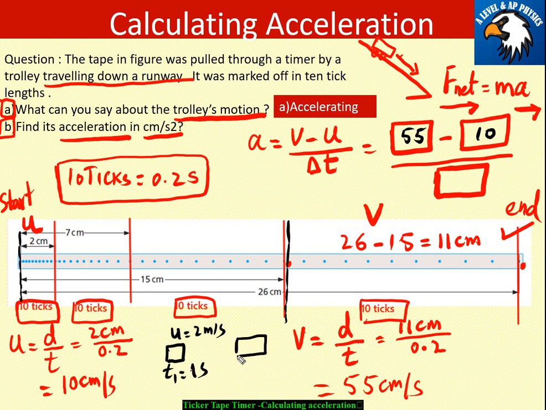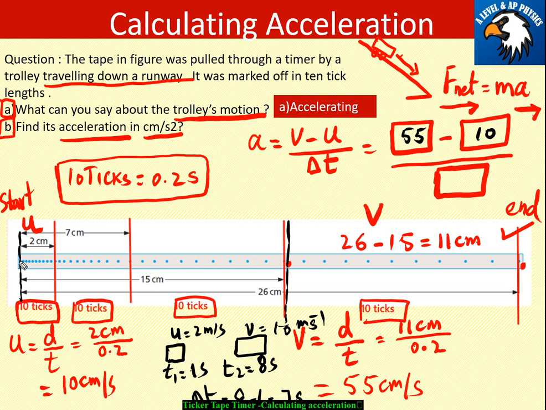And then the velocity becomes, let's say v, 10 meters per second. And let's say at this point the time t2 is equal to 8 seconds. So the delta t in this case is 8 minus 1, means 7 seconds.